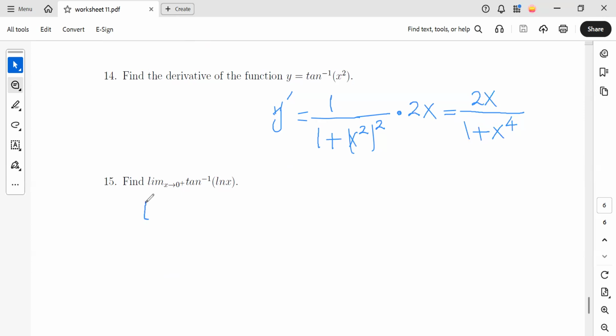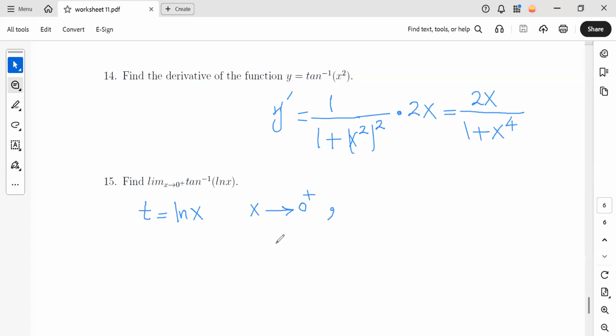So we can set the inside as t. We can set t equals ln of x. And we're going to find, as x approaches 0 from the right side, what happens to t.